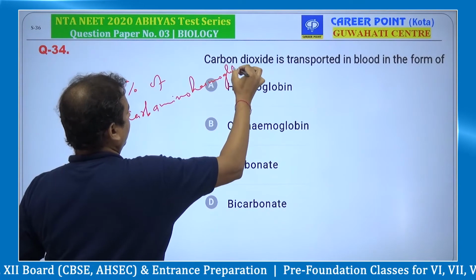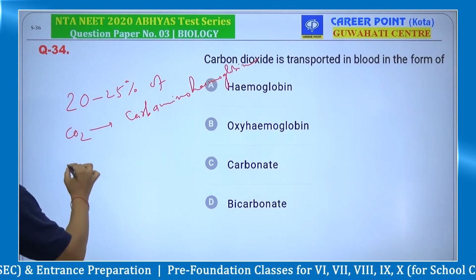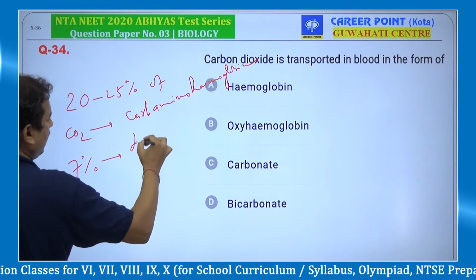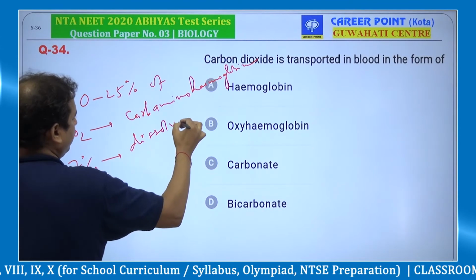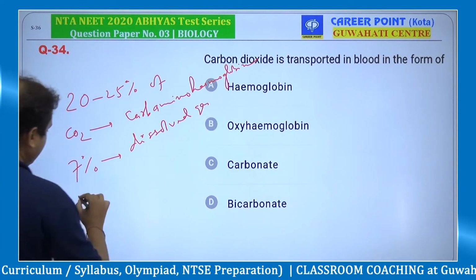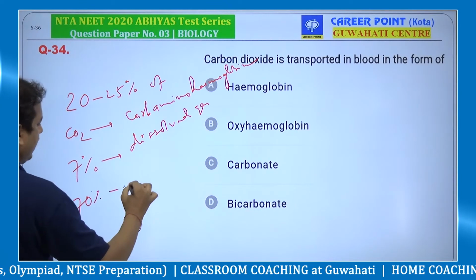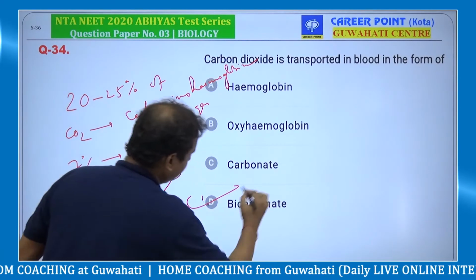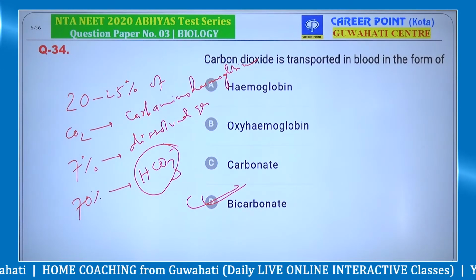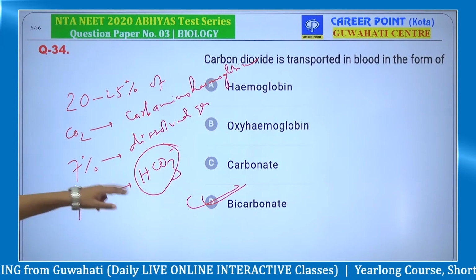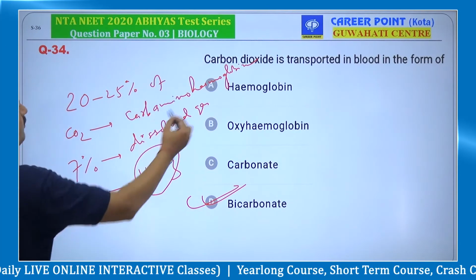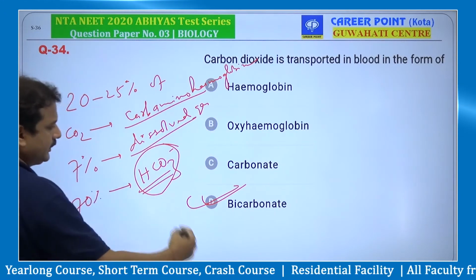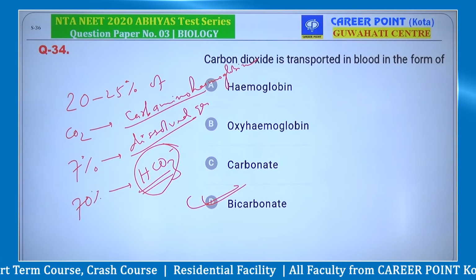Next, 7% carbon dioxide is carried as dissolved gas in plasma, and 70% carbon dioxide is carried as bicarbonate. So this is the answer. Carbon dioxide is transported in blood in the form of bicarbonate, because there are three forms: carbaminohemoglobin, dissolved gas, and bicarbonate. So here answer is D. Clear? Next.